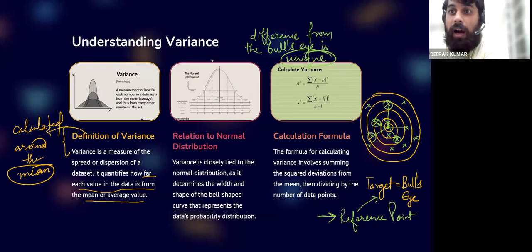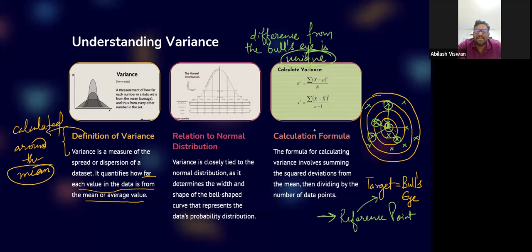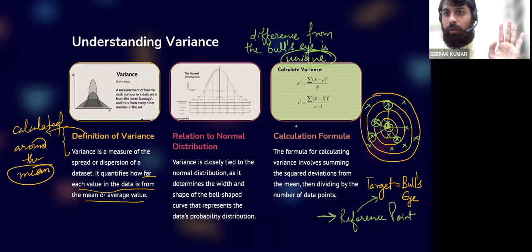It means we all are trying to hit the reference, that is bullseye here. But very few or none of us could do that. It means we all are variable. We all are varying from the target. It also says how far every hit is from the mean or average.